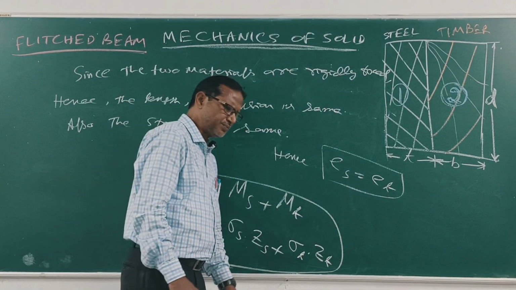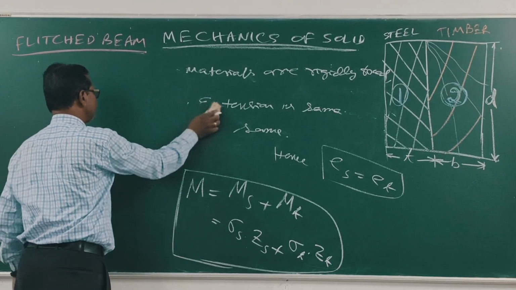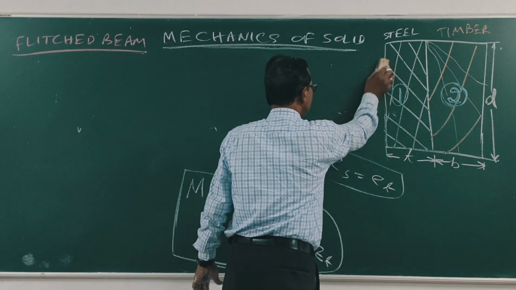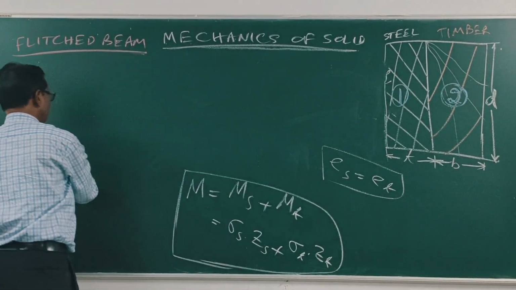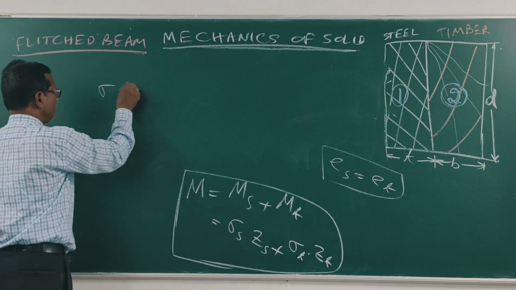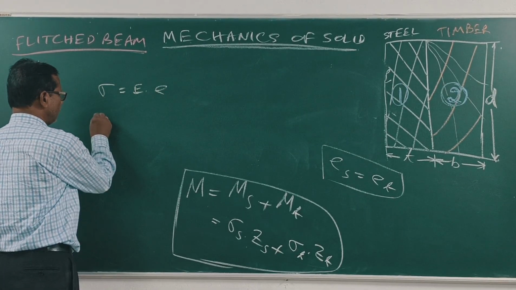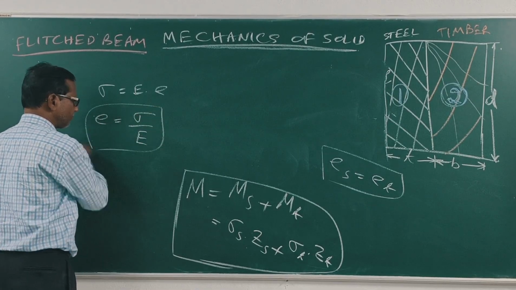What is εS? Now, stress is equal to E into strain, Young's modulus times strain. So strain is equal to stress by Young's modulus.